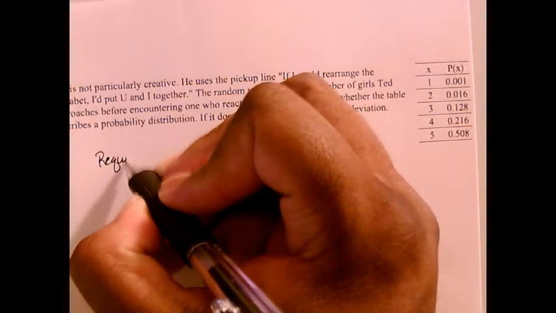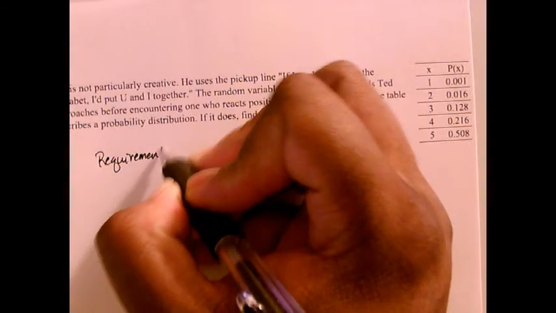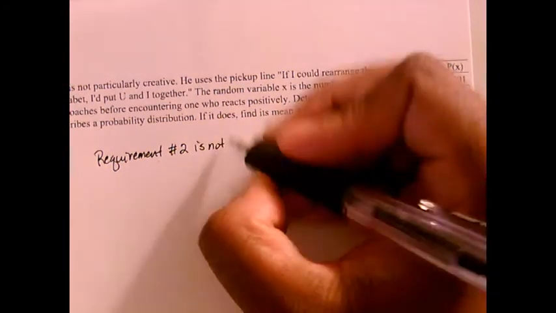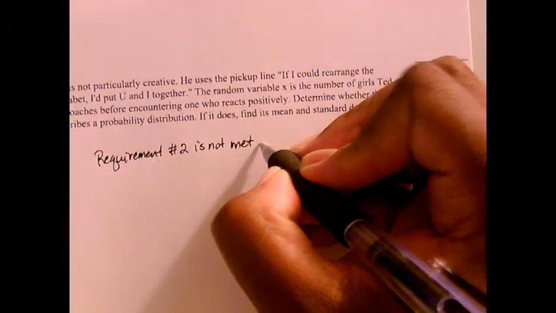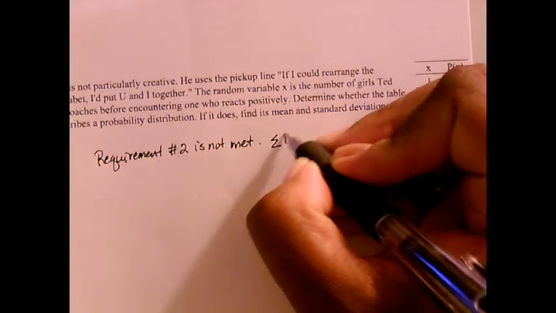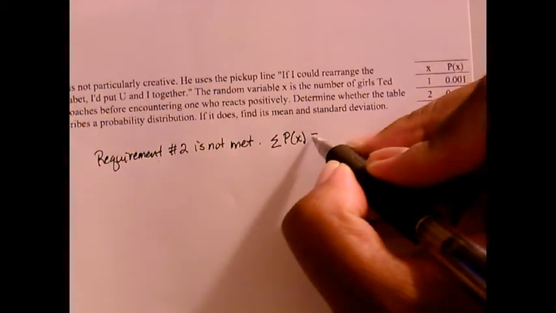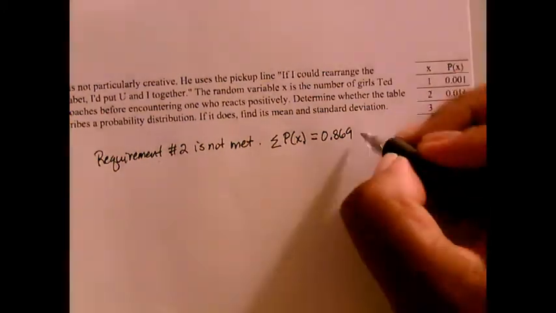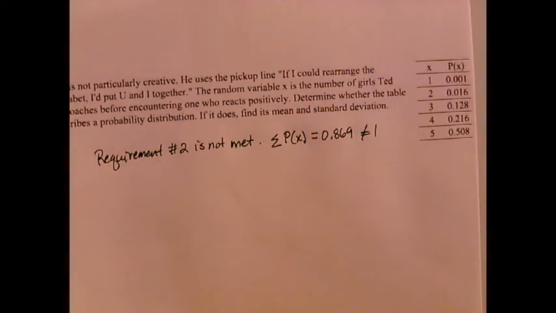So here, I'm going to say requirement number 2 is not met, because the sum of all your P of X's is 0.869, which is not equal to 1.